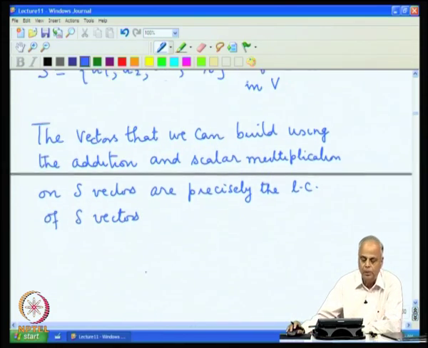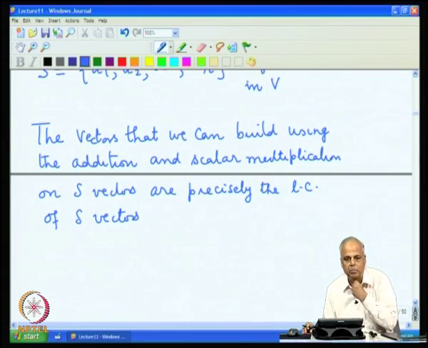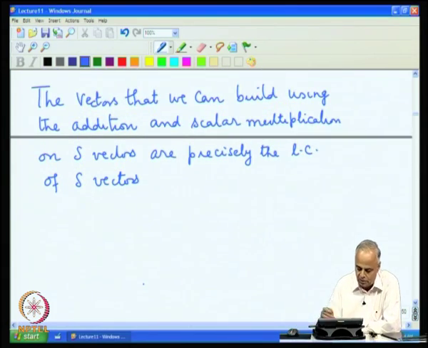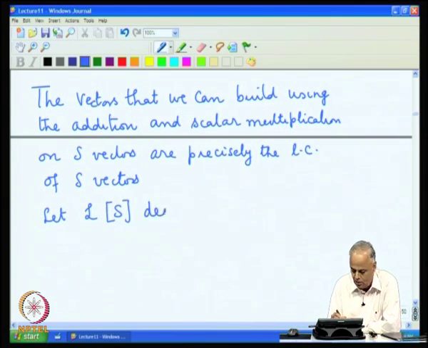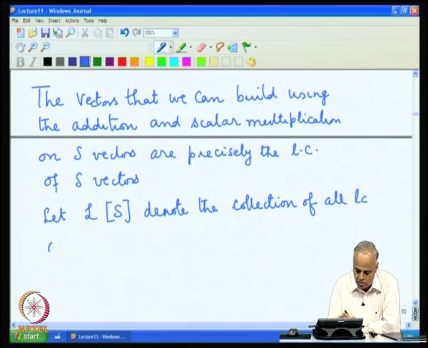So, what we do is we collect all those vectors which we can build using these S vectors. So, let LS denote the collection of all linear combinations of S vectors.